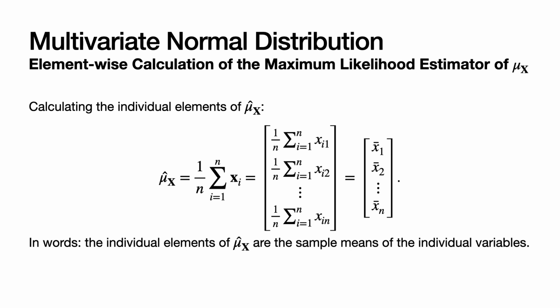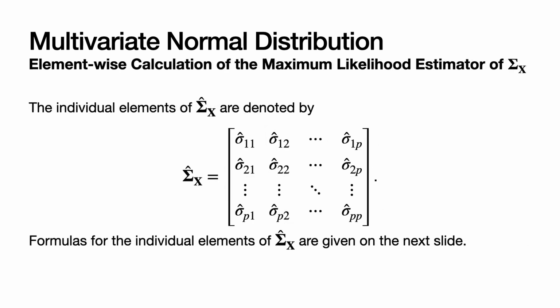So this is a p by 1 vector containing the sample means for the p variables that we're measuring. So in words, the individual elements of mu hat sub x are the individual sample means of the p individual variables. I'll correct that in the notes, but just make a note as you're watching this that there's a little typo right there at the end.